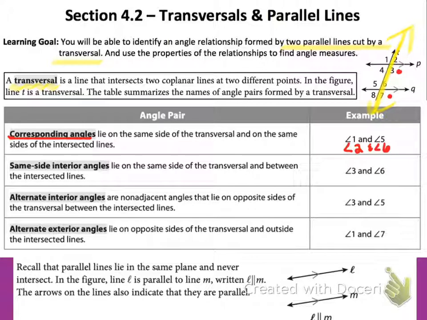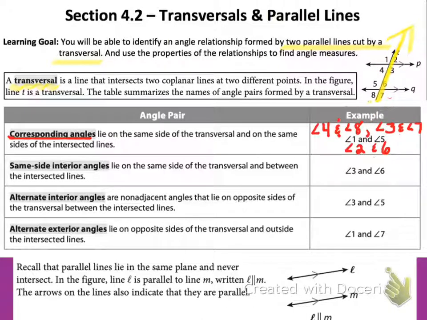Now they're both to the right of the transversal and below the other line that forms them. So we can put 3 and 7. And then finally, there's another corresponding pair, and that's 4 and 8. So 4 and 8 are both to the left of the transversal and below. So angle 4 and angle 8. So there's actually 4 pairs of corresponding angles.